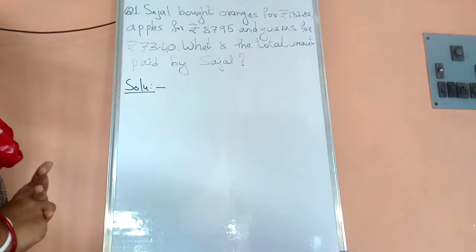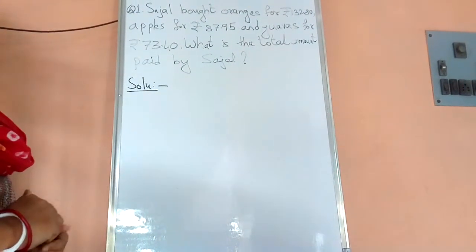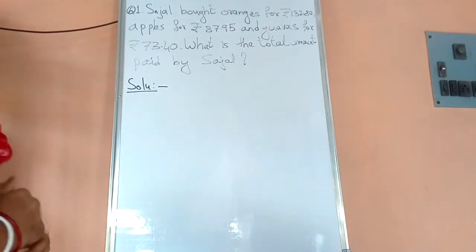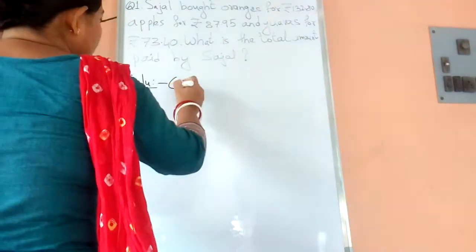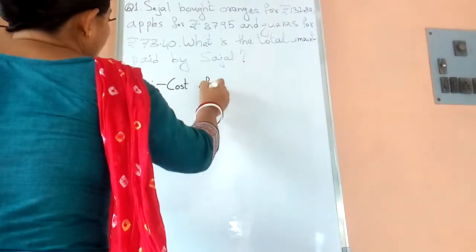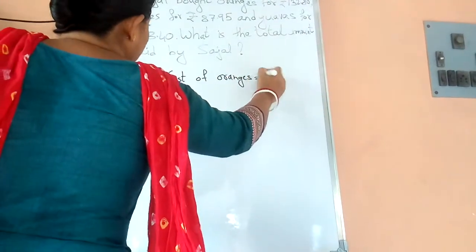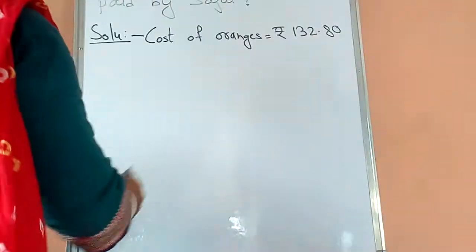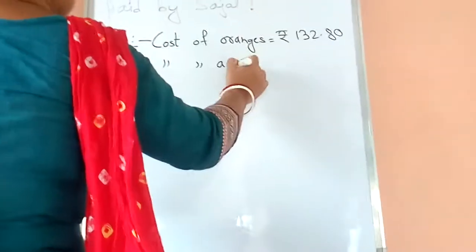Okay, so you can write your own statement. What statement will you write? First is given oranges, so you will write cost of oranges. It is given rupees 132.80. Then cost of apples.